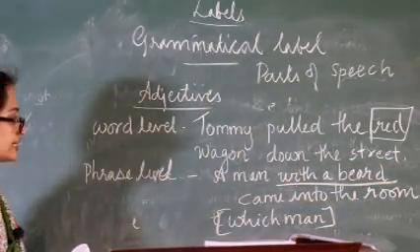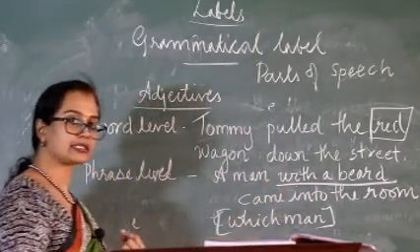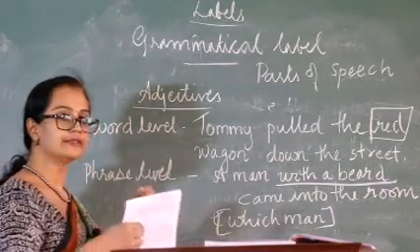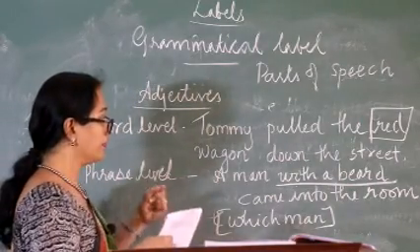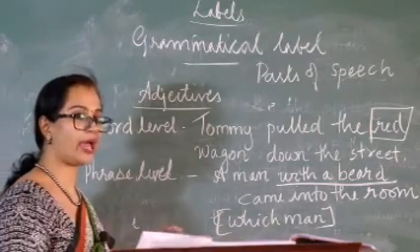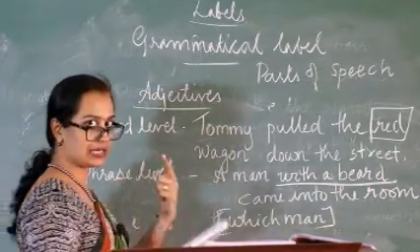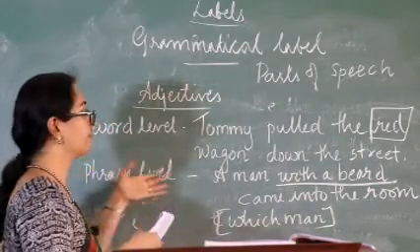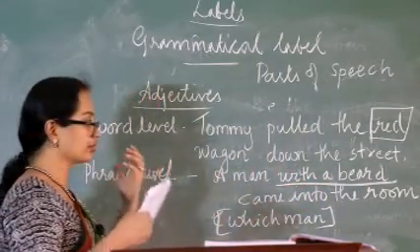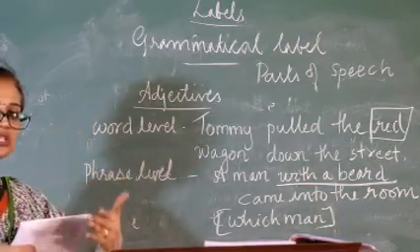Now, at the phrase level, look at the phrase. The phrase with the beard is acting as an adjectival phrase. A man with a beard came into the room. Which man? A man with the beard. So the man is described. Now, this is the phrase level. With the beard is the phrase. So that is when it speaks in terms of adjectival phrase.